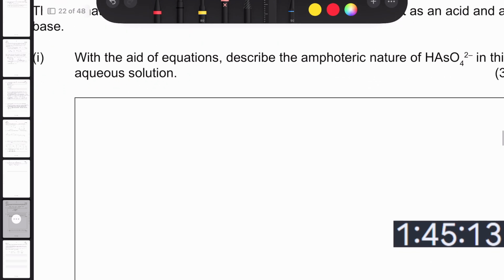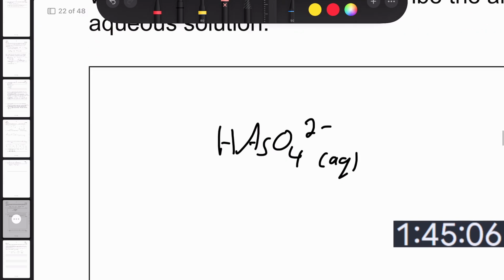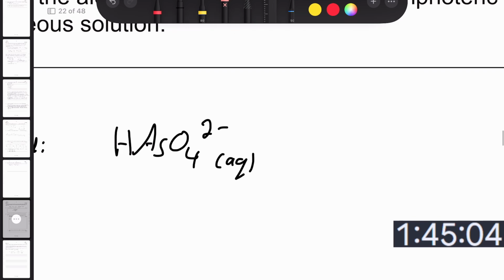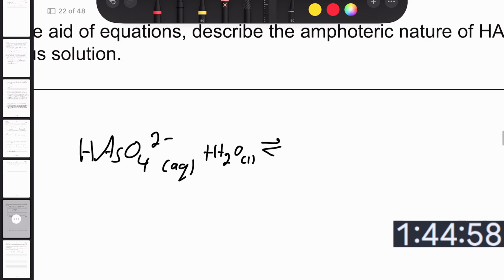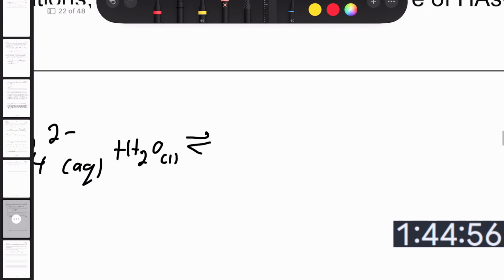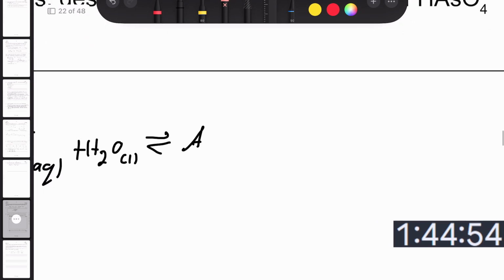So we'll say acid, plus H2O liquid, and then if this is an acid, it's going to donate its proton, so that's going to be 3 minus, H3O plus.